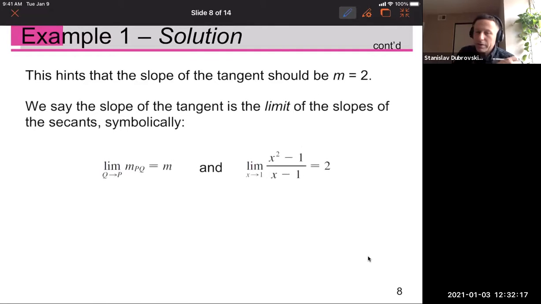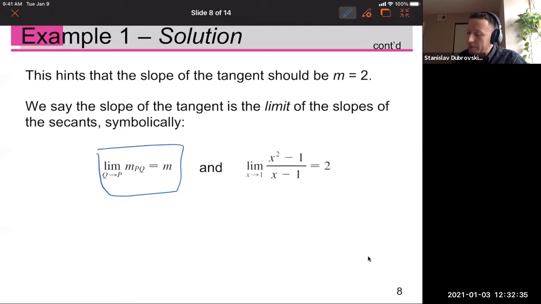So we will write it symbolically like this. The limit of the secant slopes is the slope of the tangent line, or we can write it numerically with formulas.